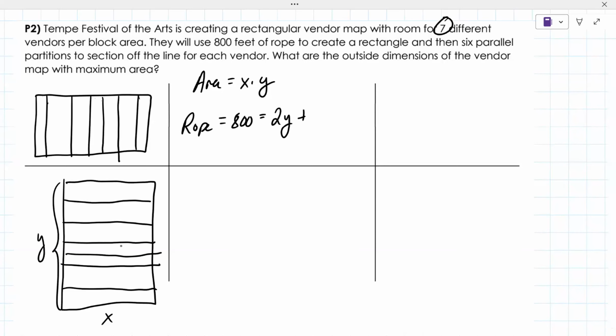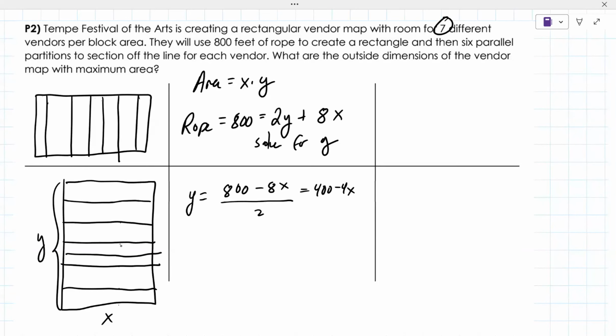It's 2Y plus 1, 2, 3, 4, 5, 6, 7, 8 X, and you'd solve that for Y. So it's 800 minus 8x divided by 2, y equals 400 minus 4x, like that.